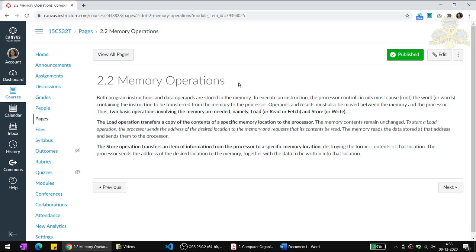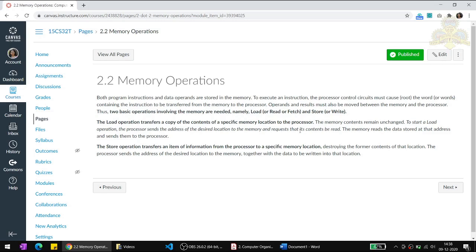There are two basic operations of the memory. The first one is load and the second one is store. The load operation is also called read or fetch, and the store operation is also called write.